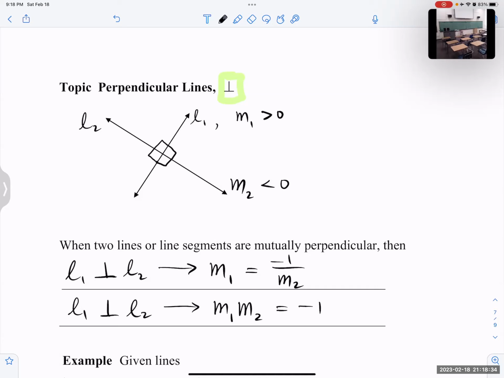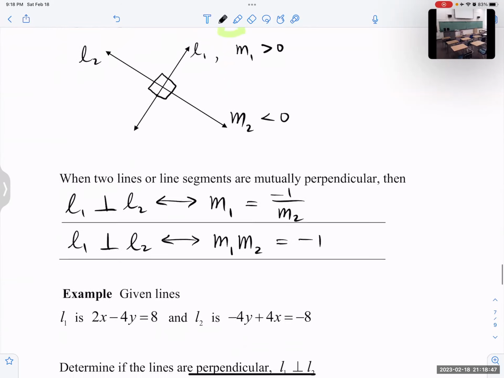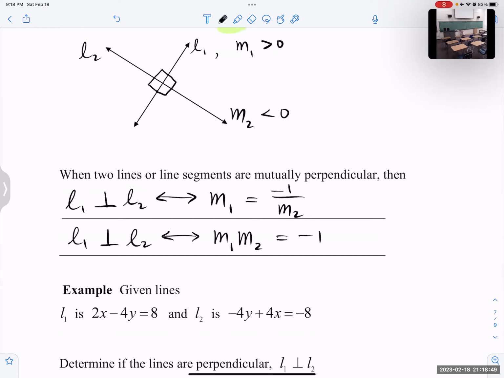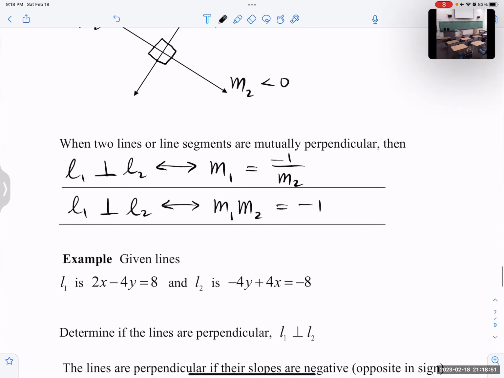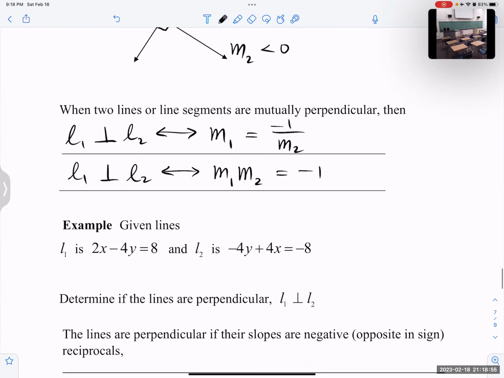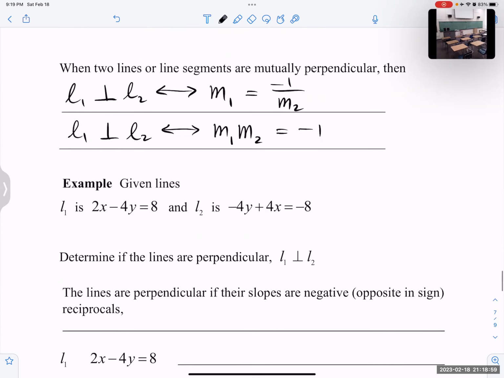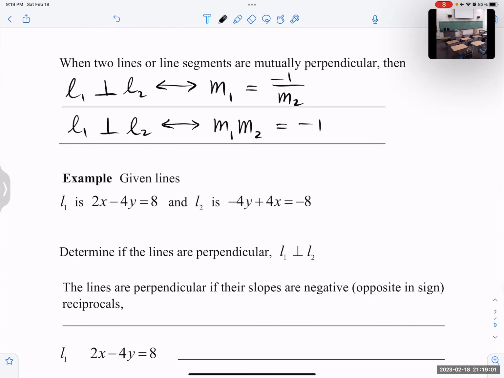Conversely, if the slopes are negative reciprocals, or the product of their slopes is negative 1 is true or can be shown to be true, then we can conclude perpendicularity. For example, given two lines L1 and L2, with these given equations, determine if the lines are perpendicular. The lines are perpendicular if it is true their slopes are negative reciprocals.